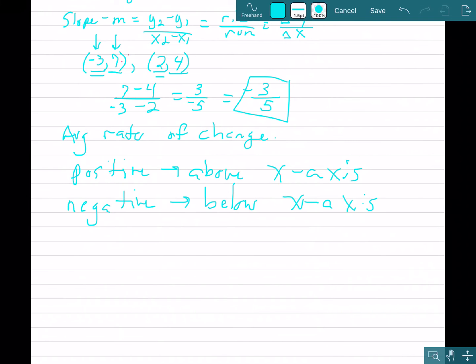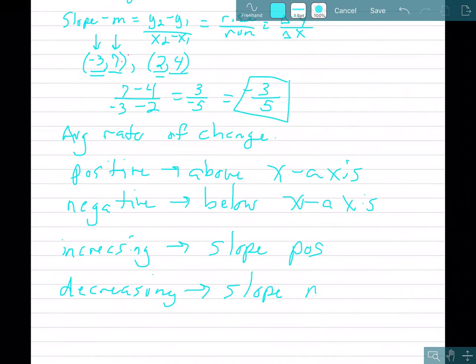For increasing, we want to know for which inputs the slope is positive, because that's where the graph is increasing, or for which inputs the slope is negative. That's what we're going to be taking a look at today using graphs. And again, if you get an equation, you can always type it in your Desmos calculator, take a look at the graph, and pick up these key features.